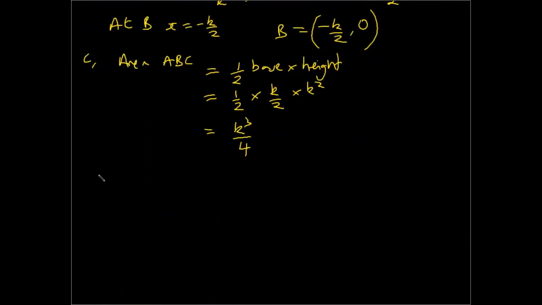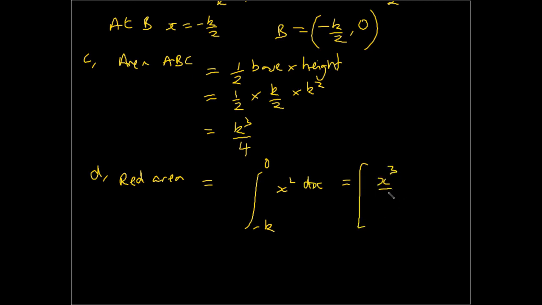part D, the red area is equal to the integral between 0 and negative k of x squared dx, which is going to be x cubed over 3 between 0 and negative k.